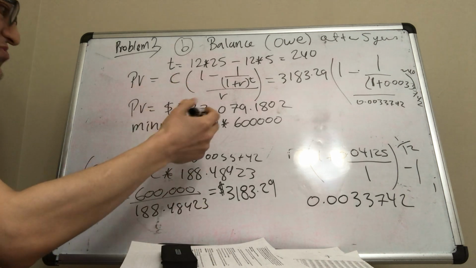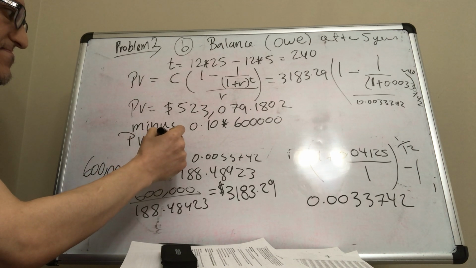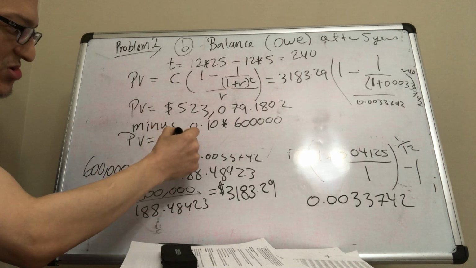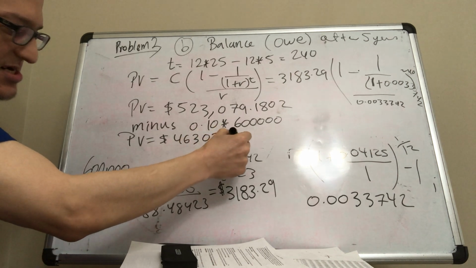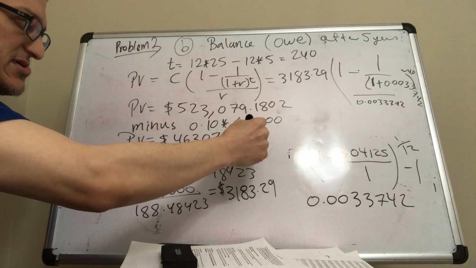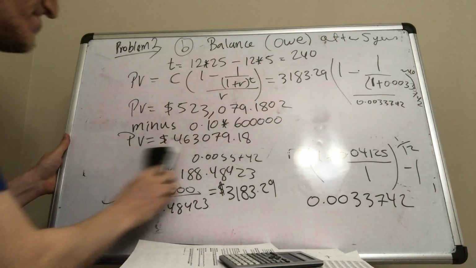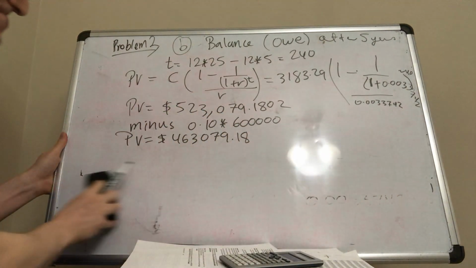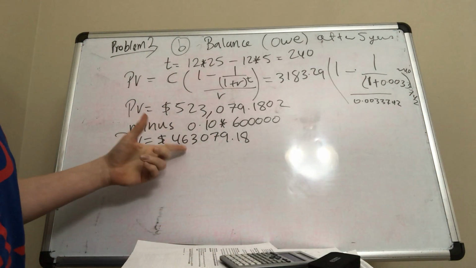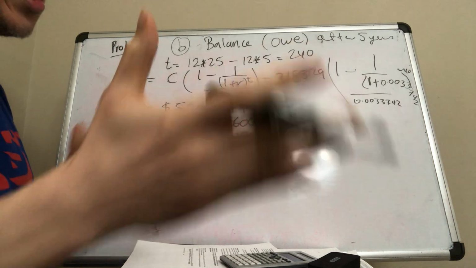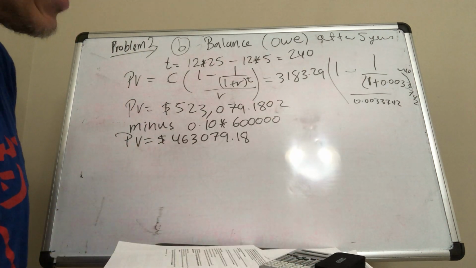So if we do this, the present value will become 463,079 and about 18 cents. So we take this over the remaining 15 years and we figure out what the monthly payment is.